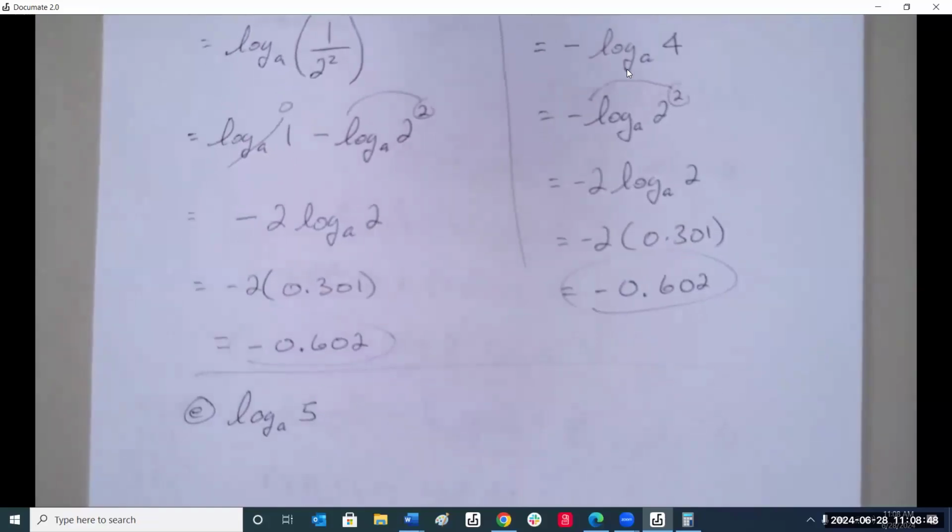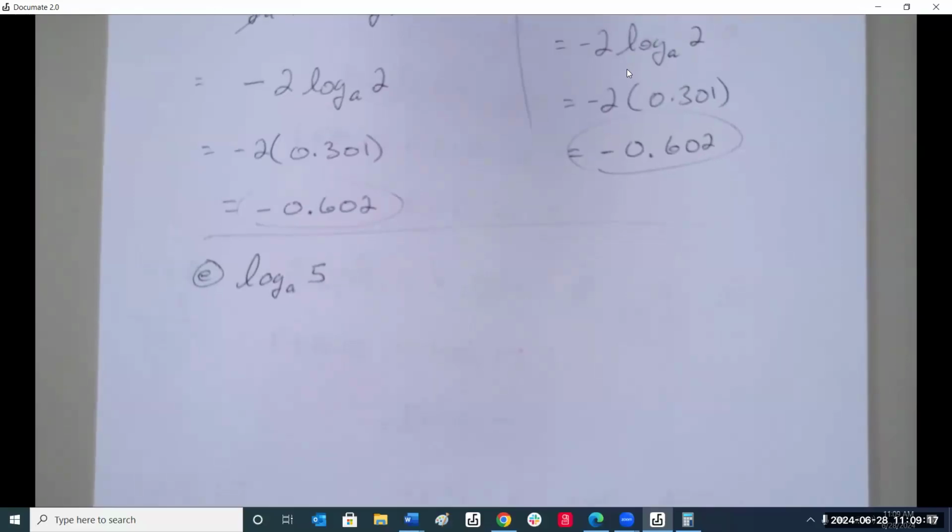Log base A of 5. So what can we do here? Remember, all we have is log base A of 2, log base A of 3.